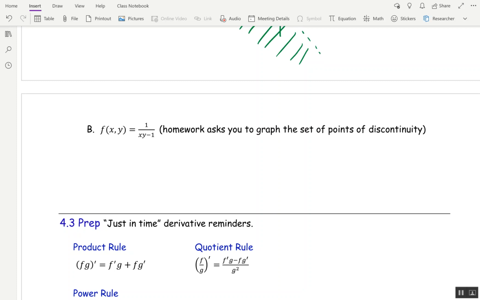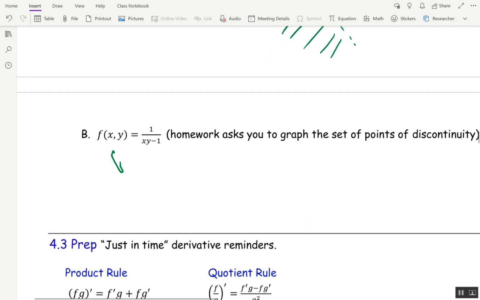Okay, one more. Homework asks you in this case to graph the set of points of discontinuity. I'm just going to graph the places where it's continuous. So we've got a fraction, and the rule for fractions is don't let the denominator be 0. So we need xy minus 1 not equal to 0.